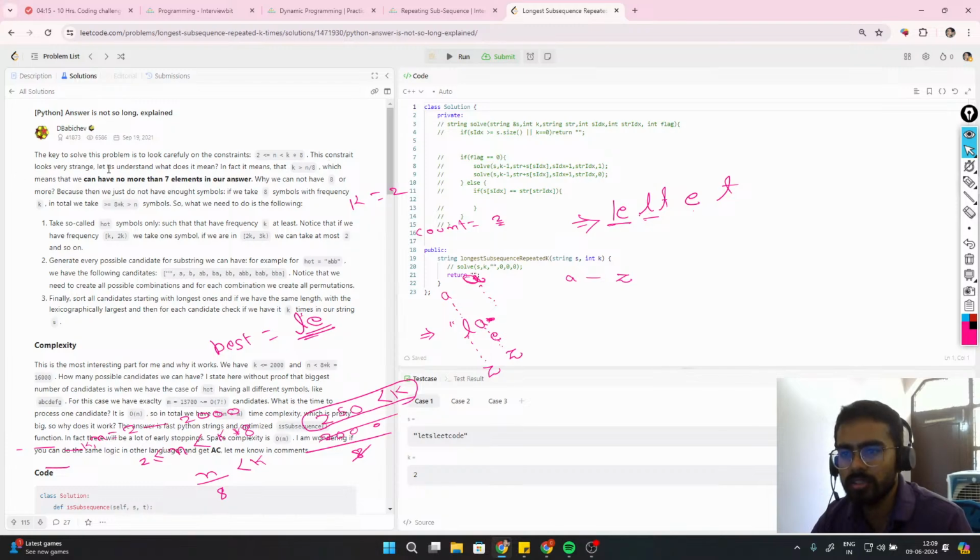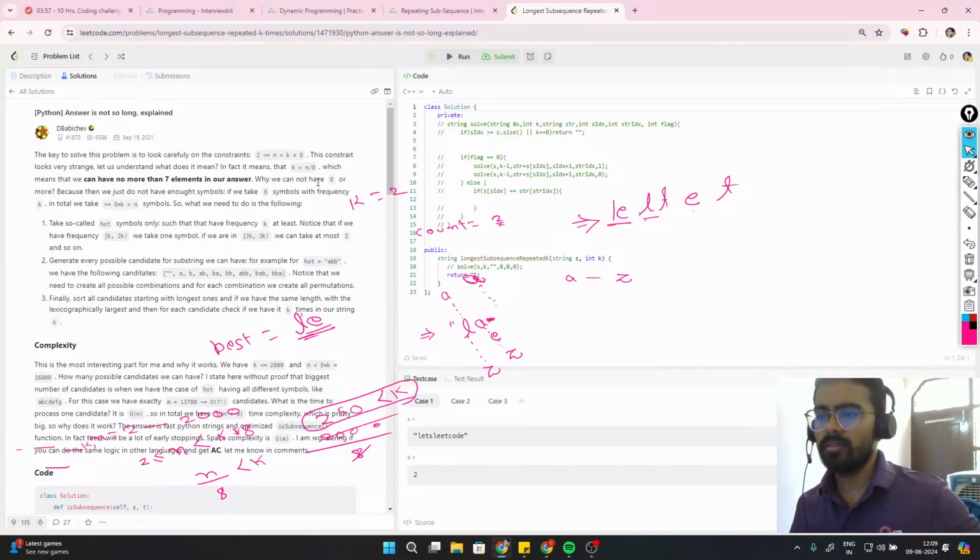This constraint looks very strange. Let us understand. In fact, it means that K is greater than N by 8, which means that we can have no more than 7 elements in our answer. Why? Why no more than 7 elements in our answer?